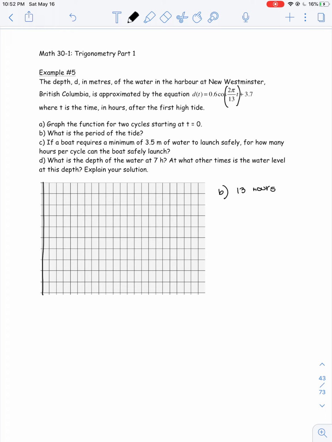Okay, so the window that I'm using to see this, I'm going to write it down. For X, I went from 0 to 26 to see 2 cycles, going up by 1. And for Y, I can go from 1 to 5, going up by 1 as well.